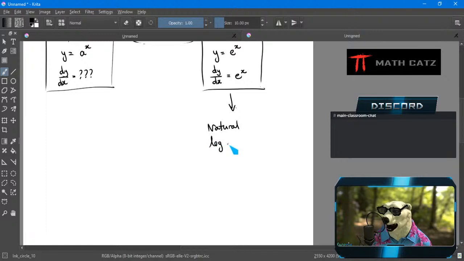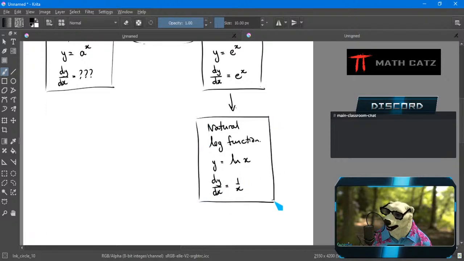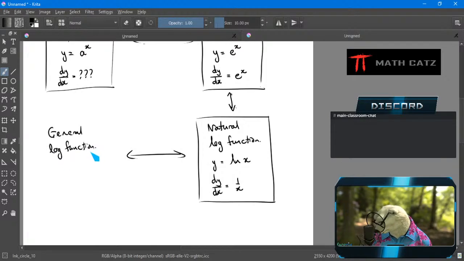inverse functions, and we found another function related to this guy, and we call it the natural log function. We gave it a name because it didn't have a name. Everyone should have a name. And for reasons we will eventually see, its derivative is also quite simple. It's not exactly the same function, actually not at all, but it's simple enough to remember. Okay, great. Then we saw that, well, okay, I should be able to go back and change the base for this natural log function as well, shouldn't I?